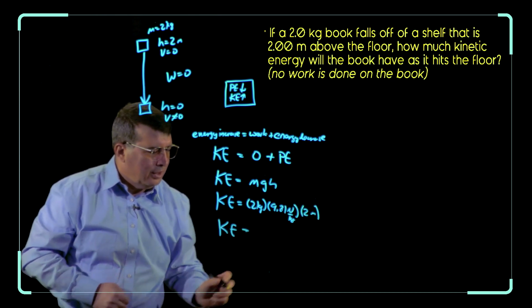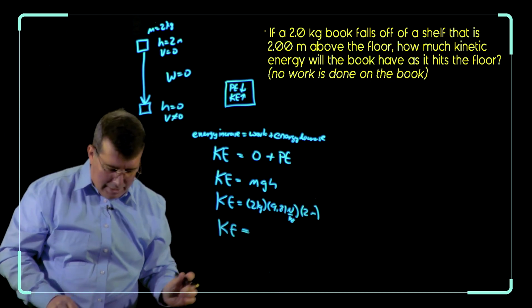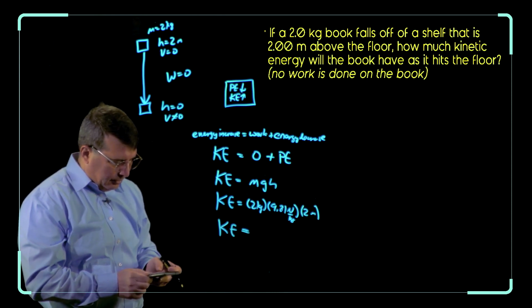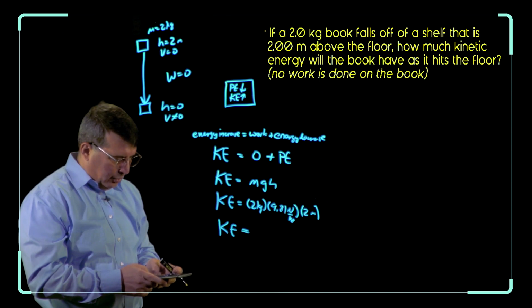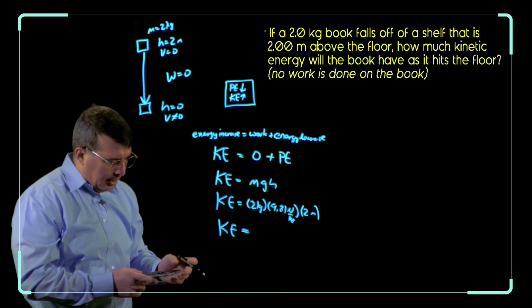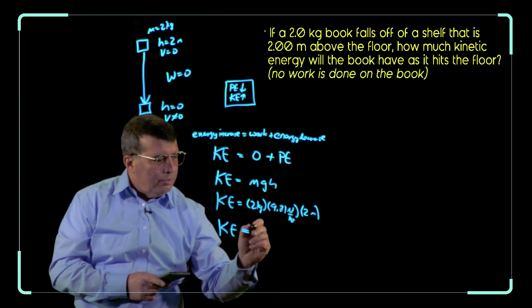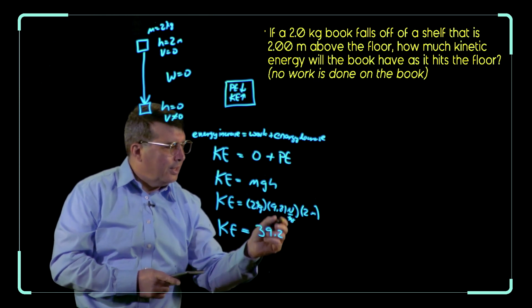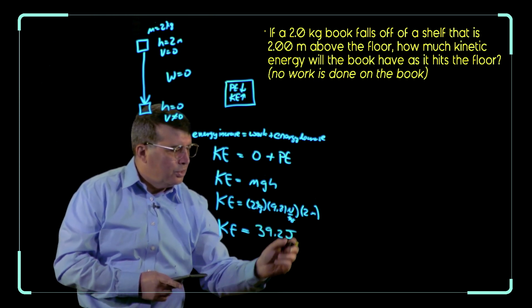So the kinetic energy must be equal to 2 kilograms, or 2 times 9.81 times 2. That would be 39.2. And once again, our kilograms cancel out. Newtons times meters, that's a joule.